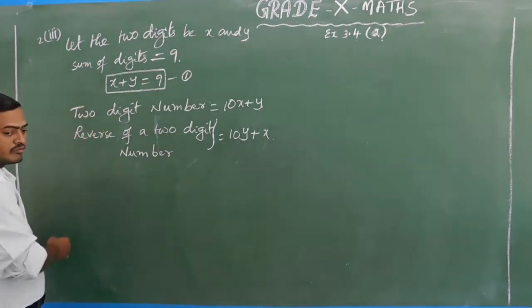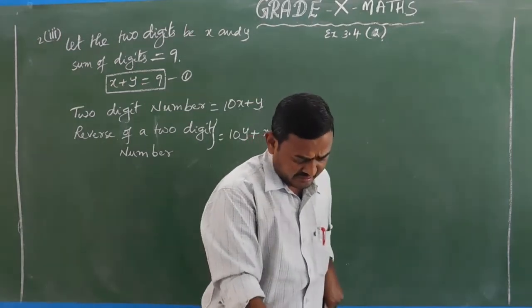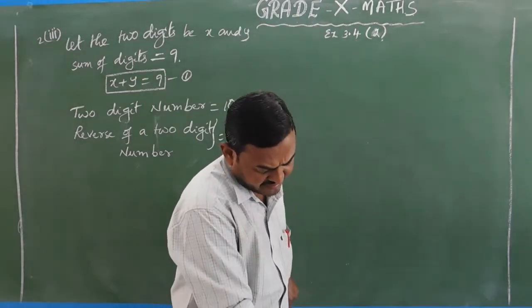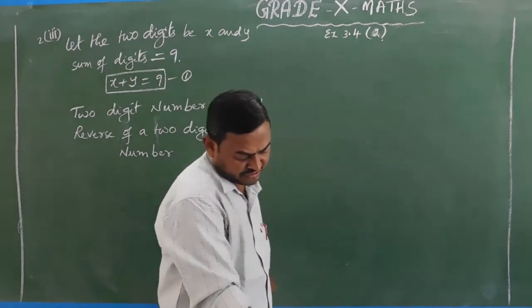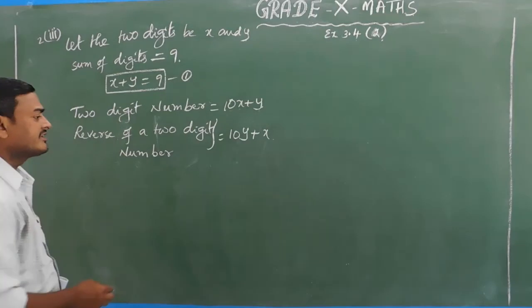Now come to the condition. What is the condition here? 9 times the number is twice the number obtained by reversing the number.